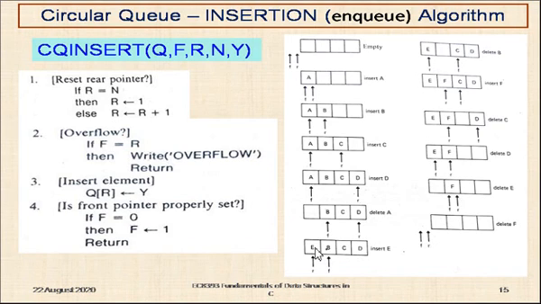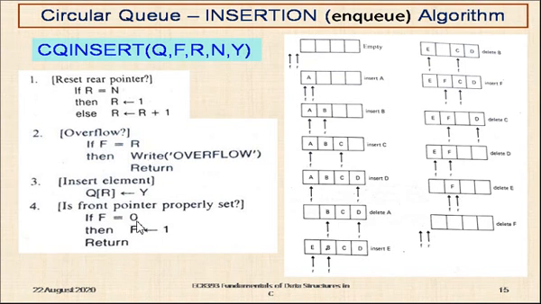So this is not possible in the linear queue. That is the point you have to note down, right? After doing this, it will check for the position of the front pointer. If the front pointer is equal to 0, it will keep it in the first location, as we have already seen in the previous example. But now it is not so.